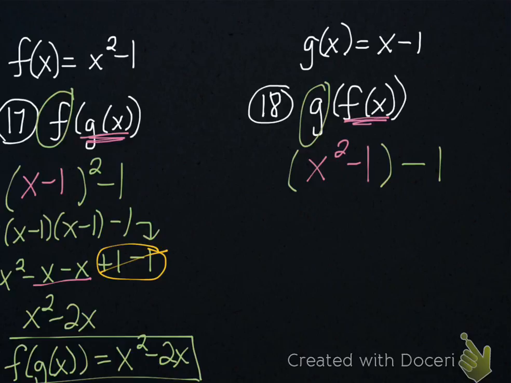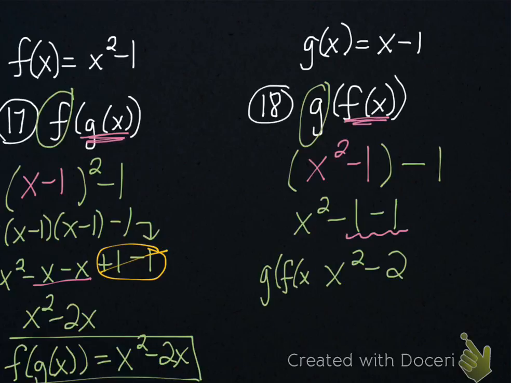Only in this case, we don't have any multiplication to perform. We're just going to write it out without the parentheses and combine some like terms. So what do we have alike? 2 constants. So I have x squared minus 2. So the g of the f of x is x squared minus 2.